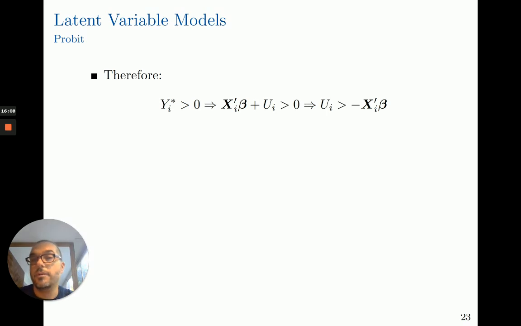Therefore, y star will be larger than 0 if x beta plus u is larger than 0, so if u is larger than minus x beta.